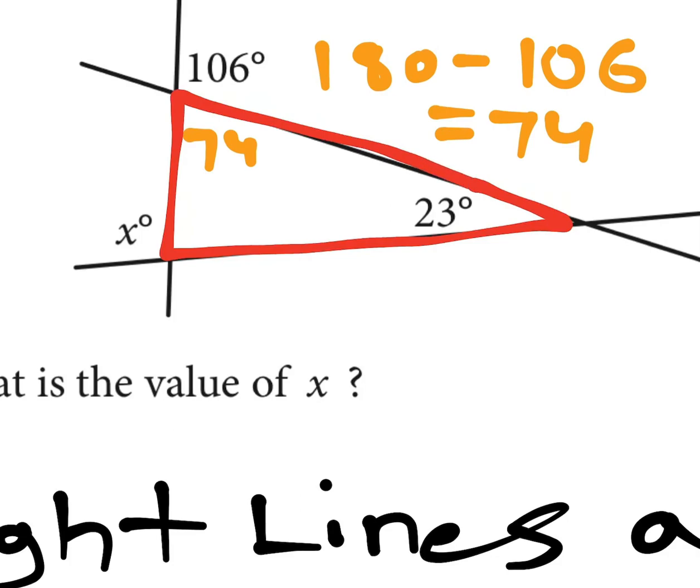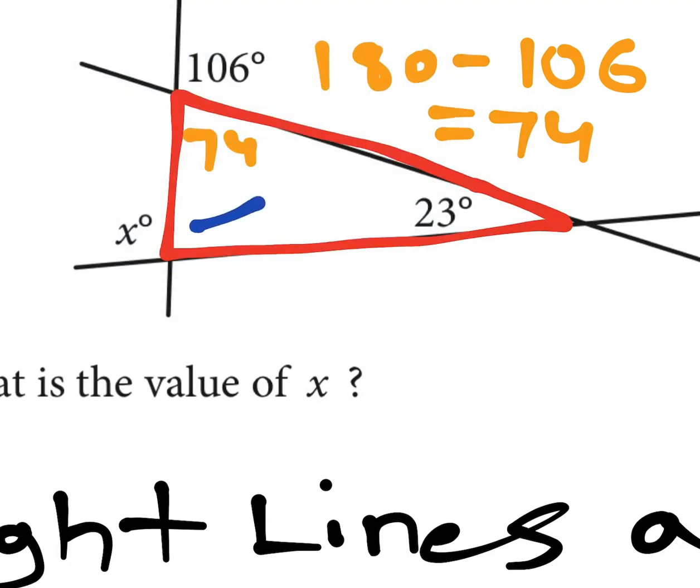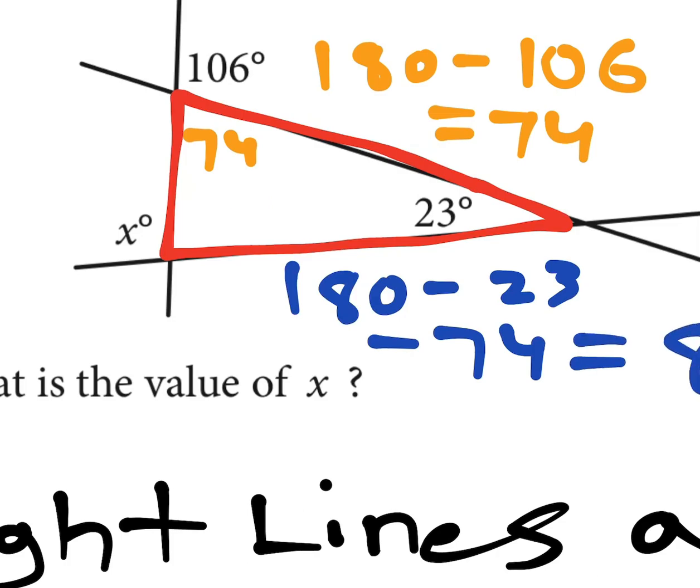We know that one angle is 74 degrees and we know that one angle is 23 degrees, which means that this angle right here is going to be 180 minus 23 minus 74, which if we do the math on that is going to ultimately equal 83. So we now know that this angle right here is 83 degrees.